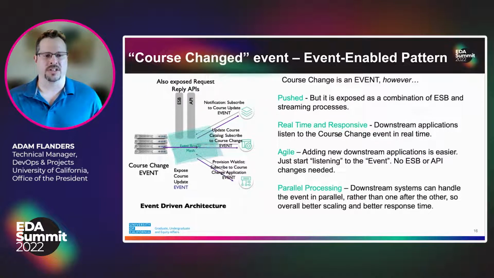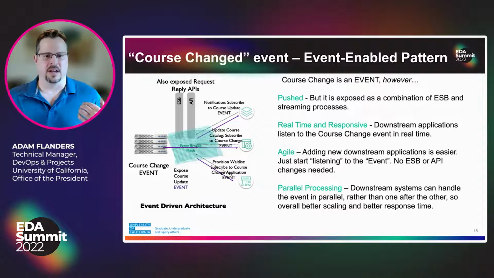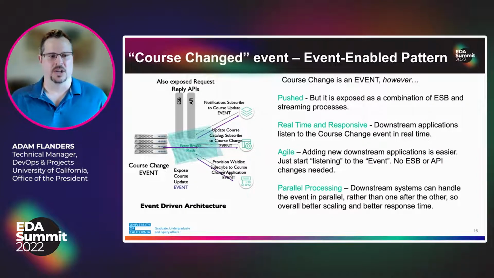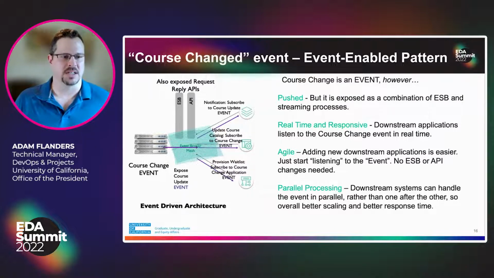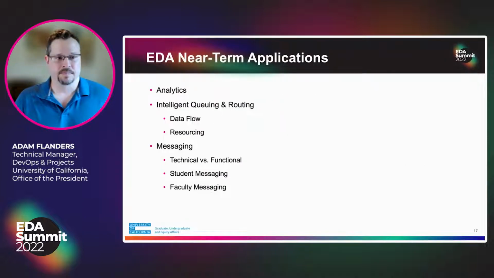And parallel processing was able to happen a lot faster, because the tight coupling introduced with that old paradigm was replaced by the streaming of data, allowing us to process it even in parallel. So overall, better scaling and better response times and experiences for ultimately the users.